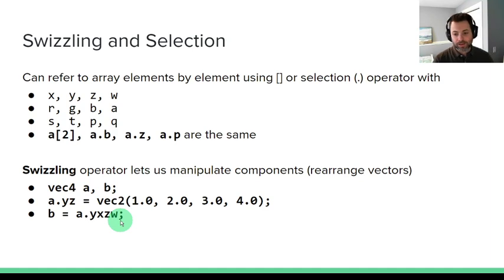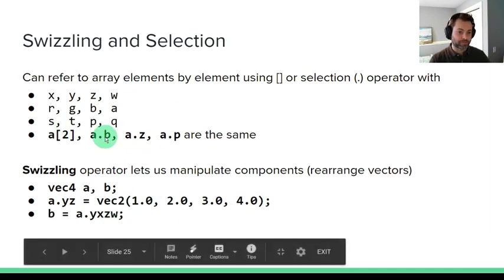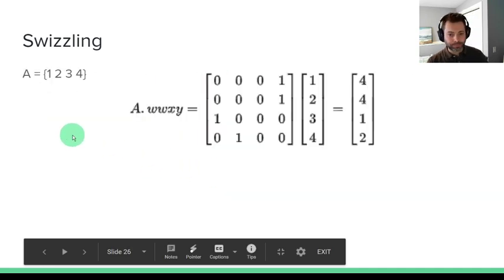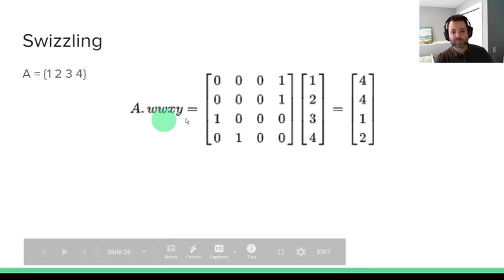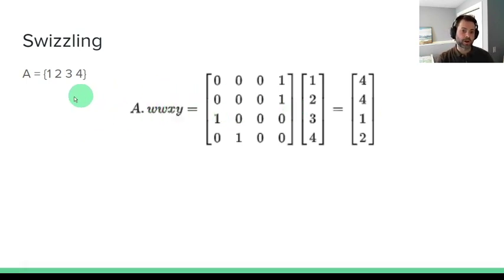But the key takeaway is that our shaders let us do little magic manipulations to our matrices. So let's say I want to swizzle or select various parameters here. I've got a 1, 2, 3, 4, so a vec4 stored in this variable a. And I want wwxy. If we remember, w is the last parameter, so it's x, y, z, w.